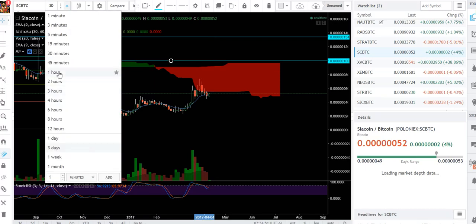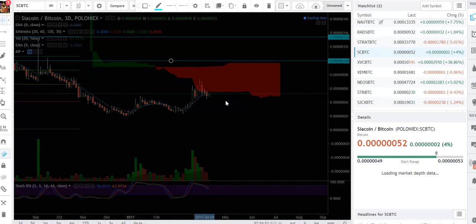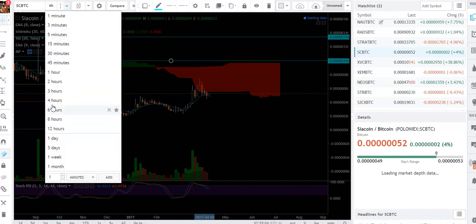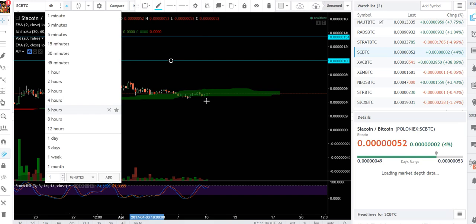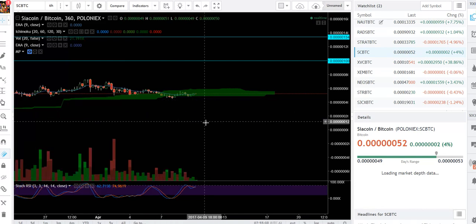And we're seeing a reflection of that on these lower time frames, okay? Like, we'll have to get some sort of an oscillation of strength here. Come on, like a 6-hour time frame.